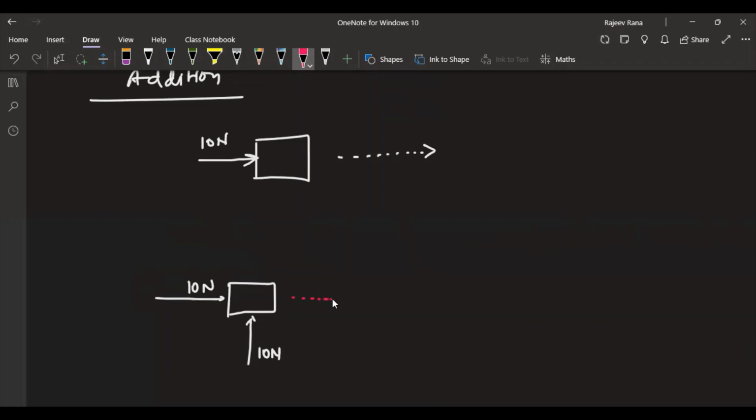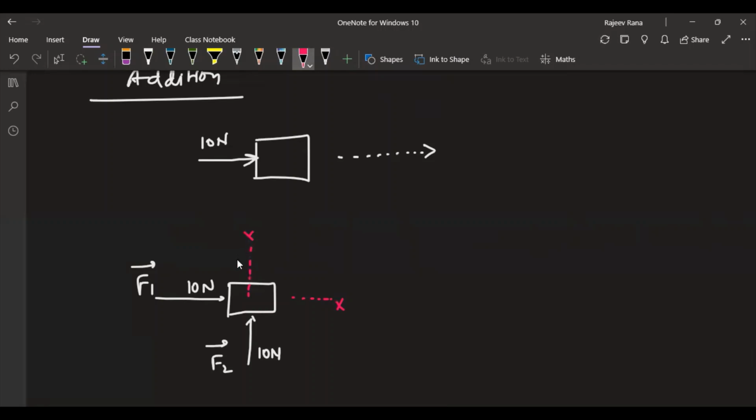It can go in that direction, but this 10 is acting and this 10 is also acting. Will it go in the direction of F1 or in the direction of F2?